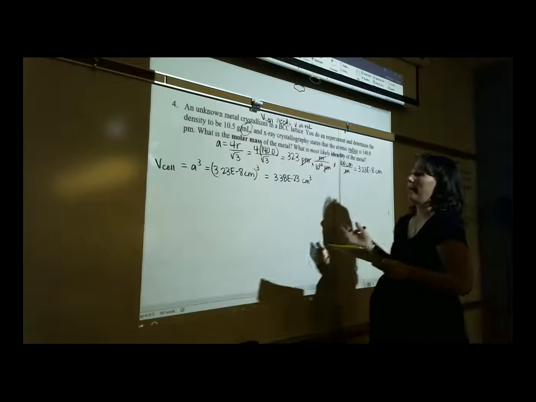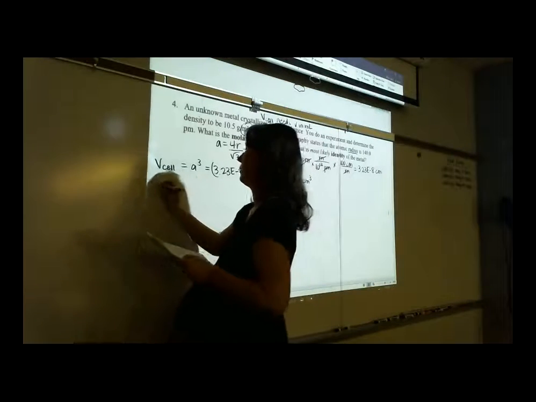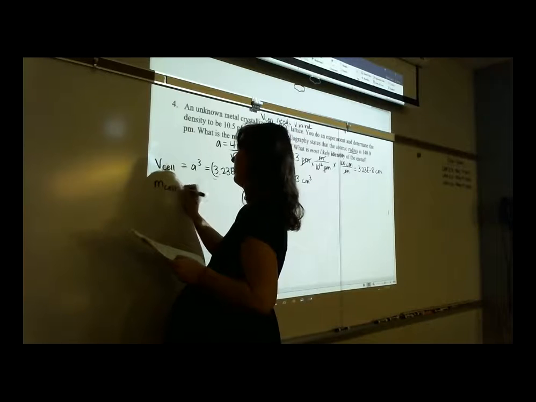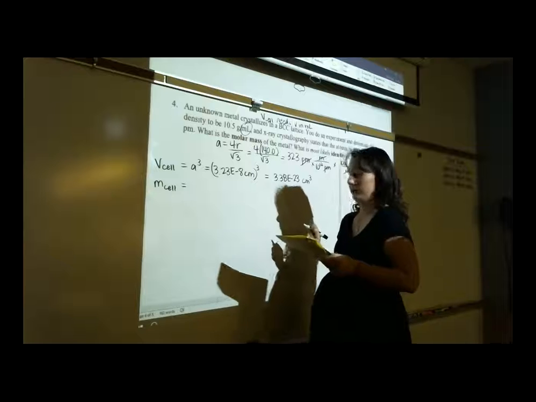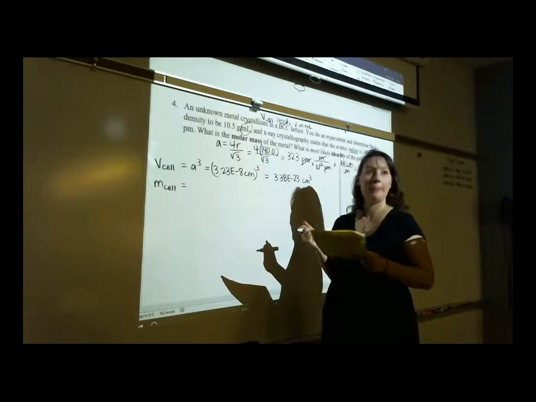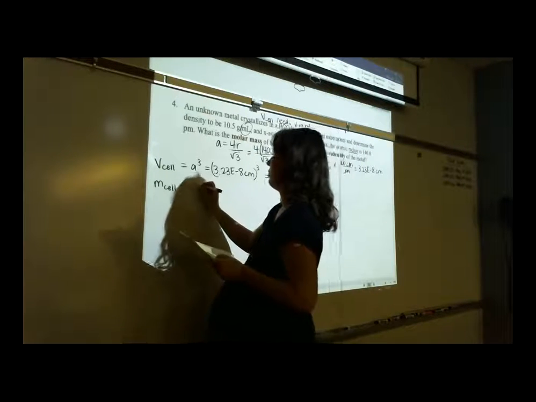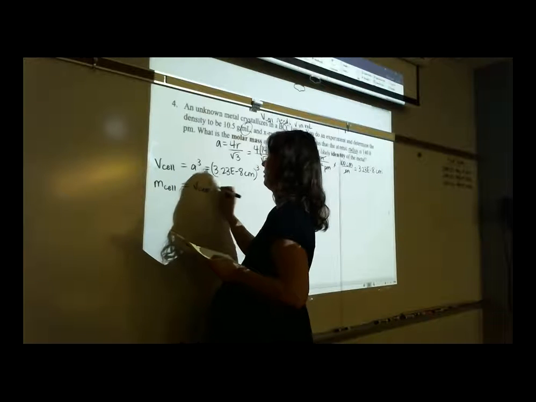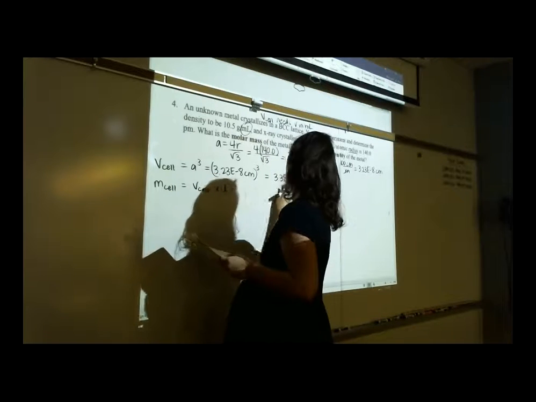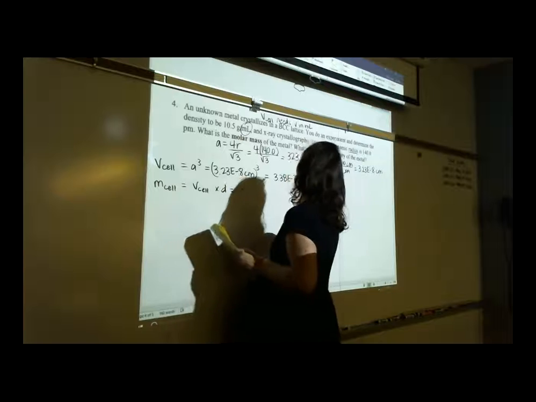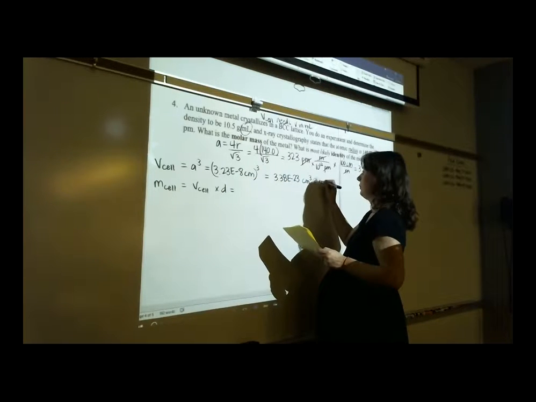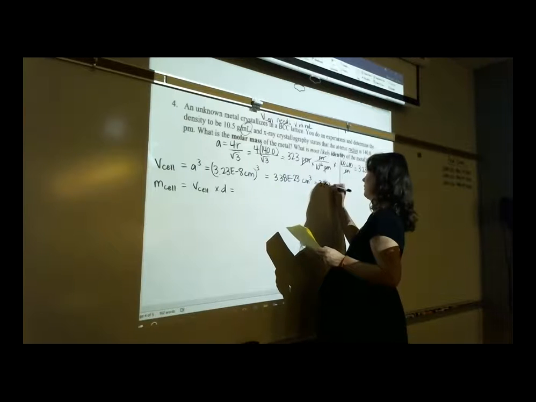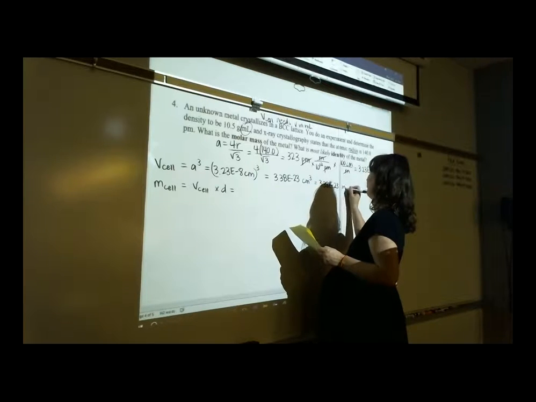All right, now I want mass of the cell. I've got the density, I've got the volume, so can I get the mass of the cell? Yeah. That would just be V cell times density, right? So this value, and remember, that's the same thing, 3.38 times 10 to the negative 23rd mils, right?